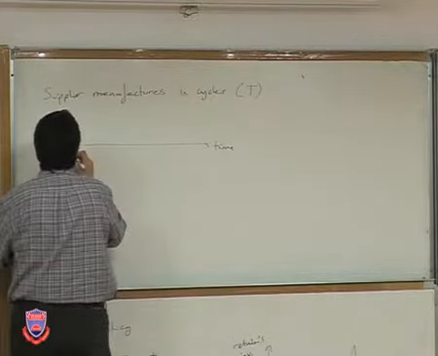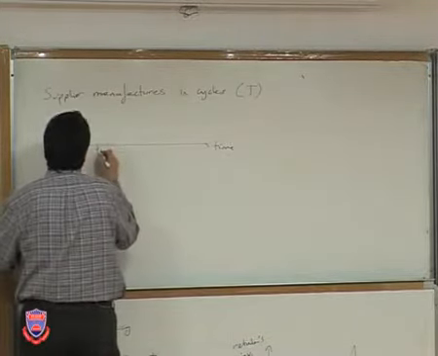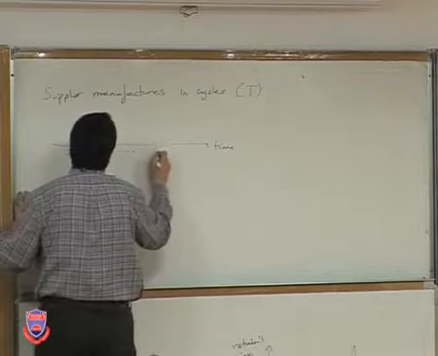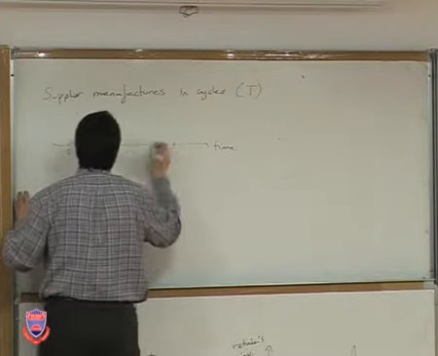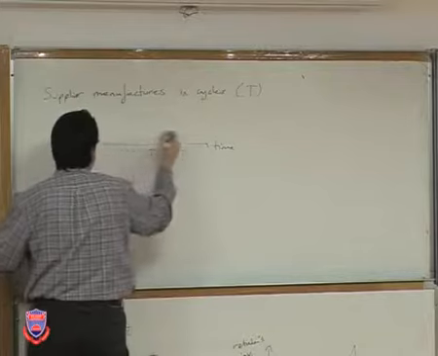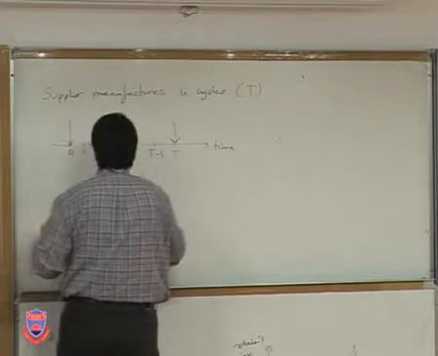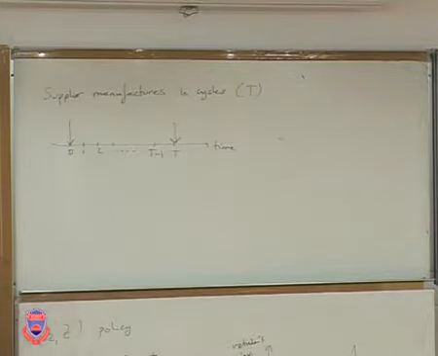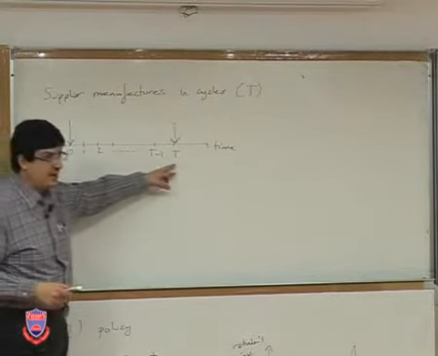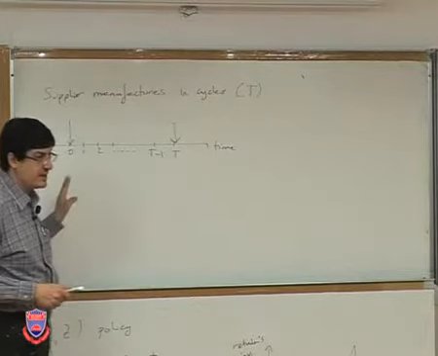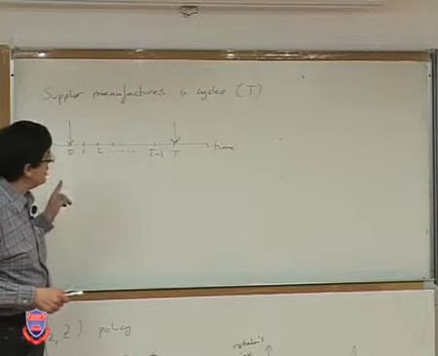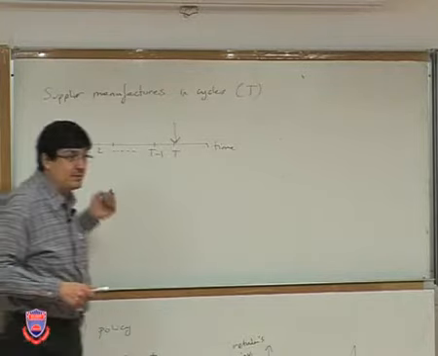These are periods, let's say 0, 1, 2, and then we have T minus 1, T. So production is made here, etc. So you have a production which is realized once in every T periods. Okay? And this is basically what is done in practice.